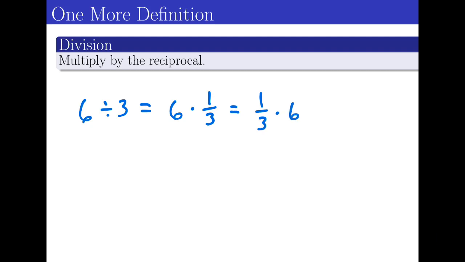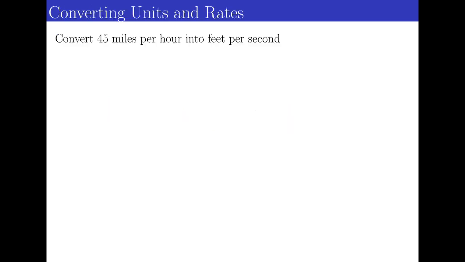And 6 times a third is the same as 1/3 times 6. So just understand that addition and multiplication are kind of our two main operations, and then subtraction and division are kind of just specific cases of, or a rewording of addition and multiplication.